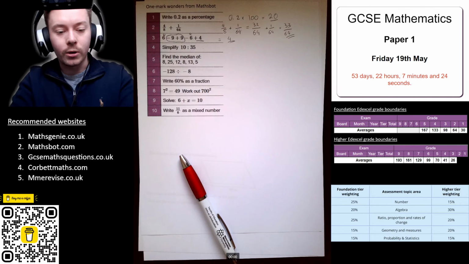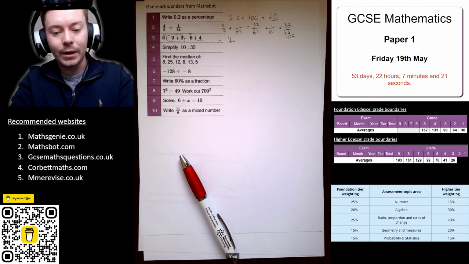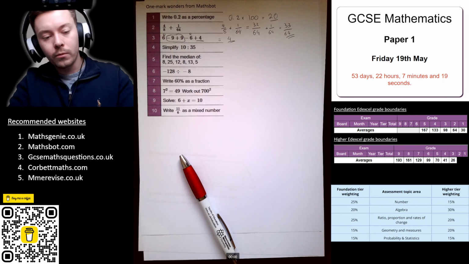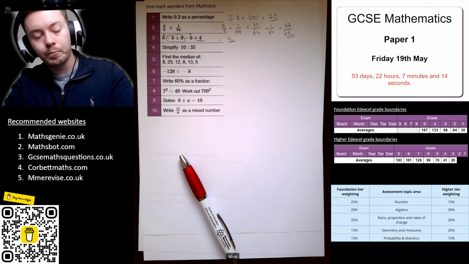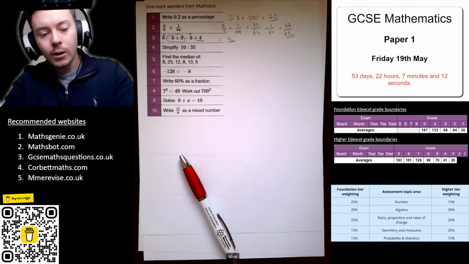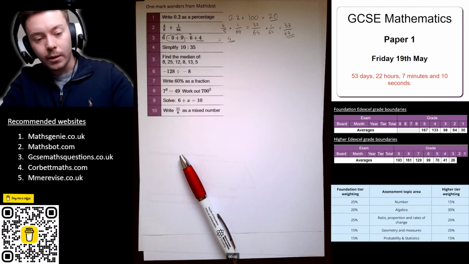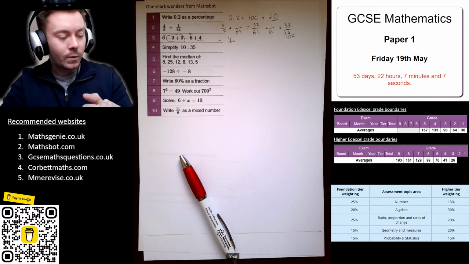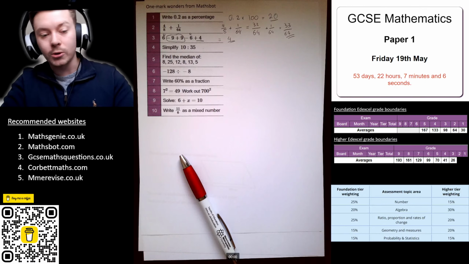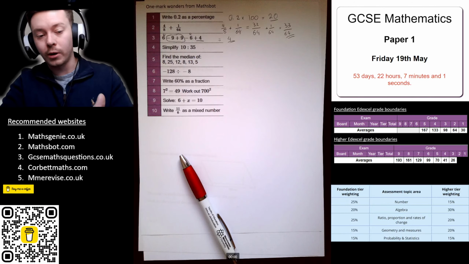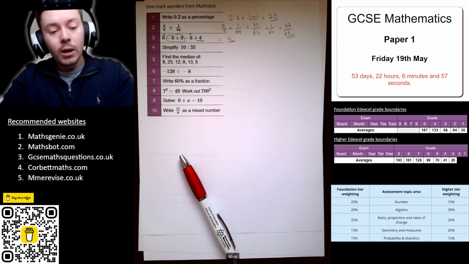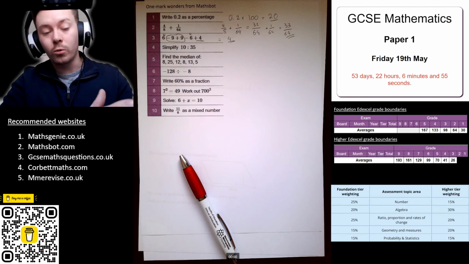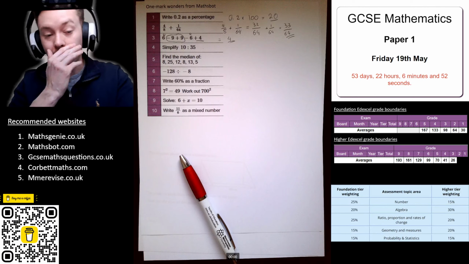Okay, next question. Negative 128 divided by negative 8. Now, if you have a negative divided by a negative, the answer is going to be positive. You can see that by basically pattern spotting. There's a great thing on MathSpot which will demonstrate that. Again, MathSpot is a brilliant website, so go and have a look at that if you're interested, and if you're still not convinced that a negative divided by a negative is a positive.